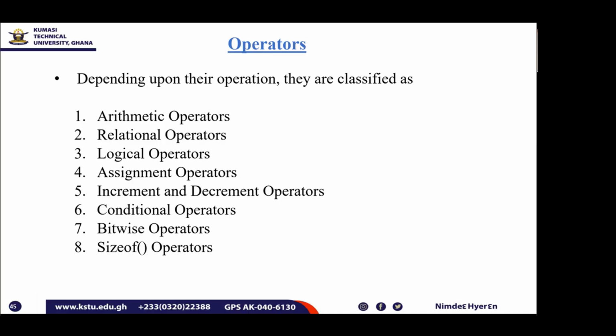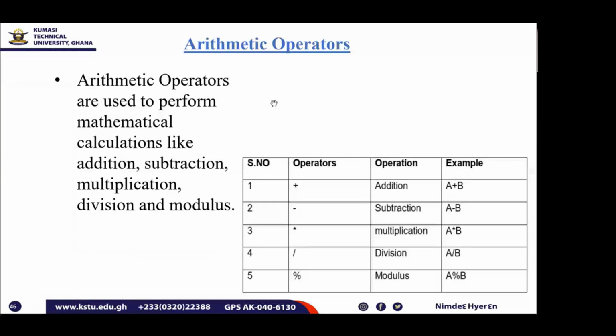So without spending much time, let's look at what arithmetic operators are. Arithmetic operators are used to perform mathematical calculations like addition, subtraction, multiplication, division, and modulus. We all know that the symbol for addition is the plus sign. So when you look at this table, you will see that the addition has its operator as the plus sign.